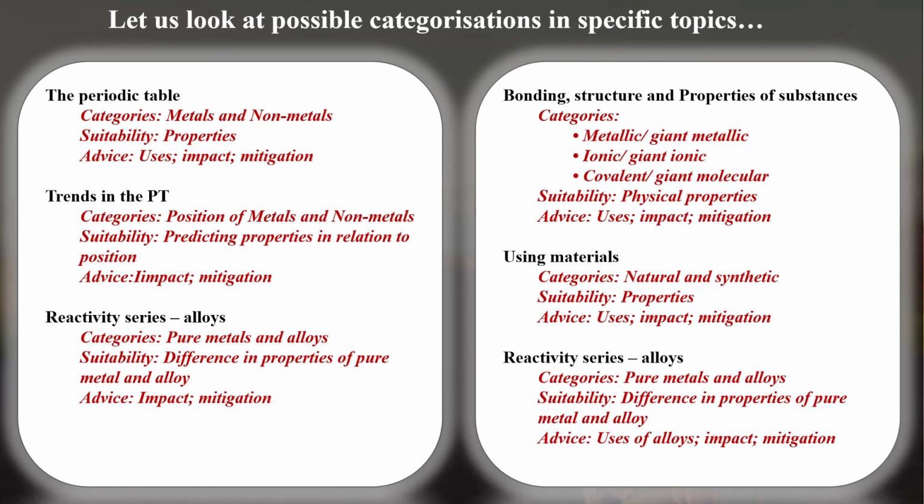It can either be by its valency or by its electronic configuration. That is how we can defend it. Now, you give the suitabilities or the properties of metals generally. Metals have a high boiling point, they have a high melting point, all those properties, you bring them. Then the impact on the environment and its mitigation.